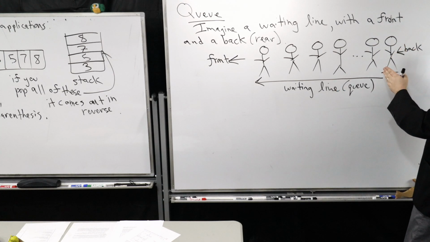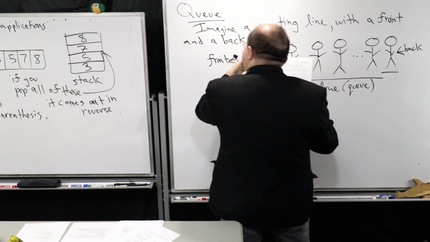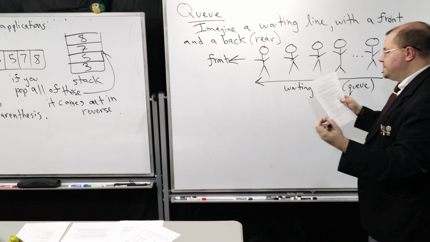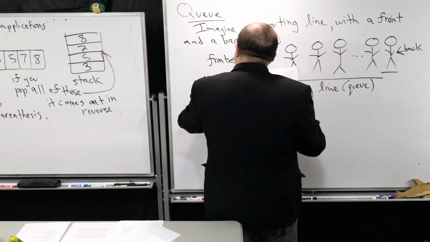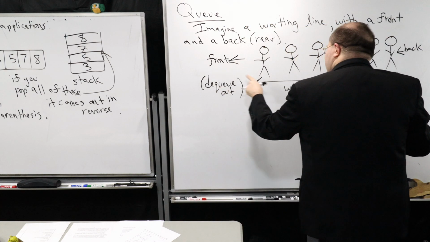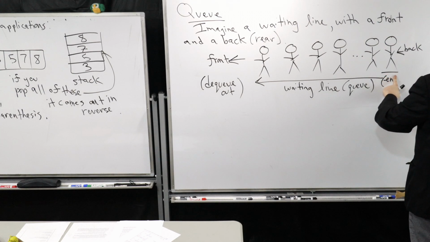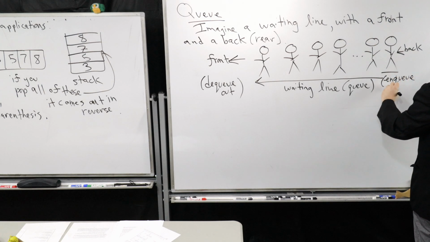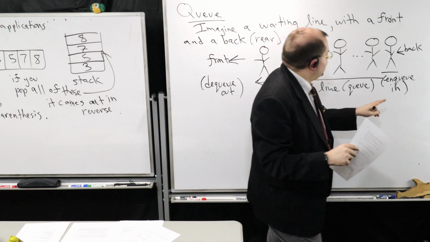And when I'm done with, say, a person, or in this case, these people represent elements, I dequeue them out from the front. And I'm going to enqueue people in from the back or the rear.